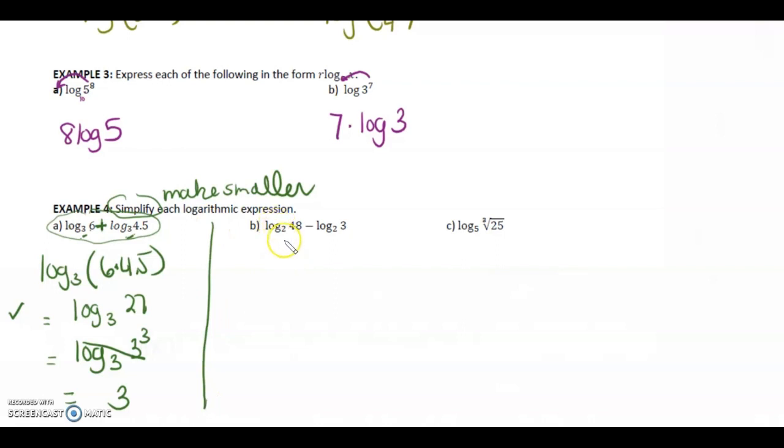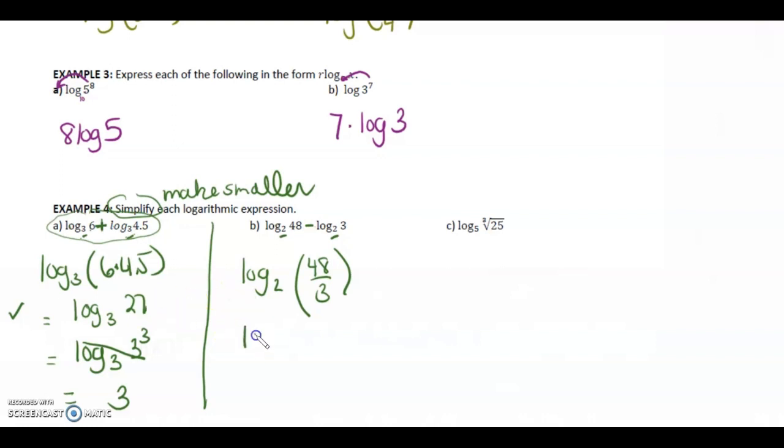All right, log base 2 of 48 minus log base 2 of 3. So this is good because we have the same base. So we're going to have log base 2, and since this is subtraction, we're going to do 48 divided by 3. Okay, so that's what we've done up until today.